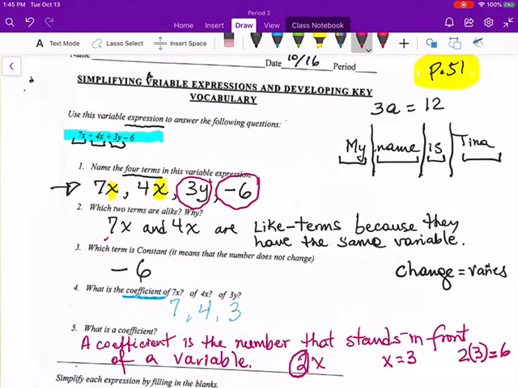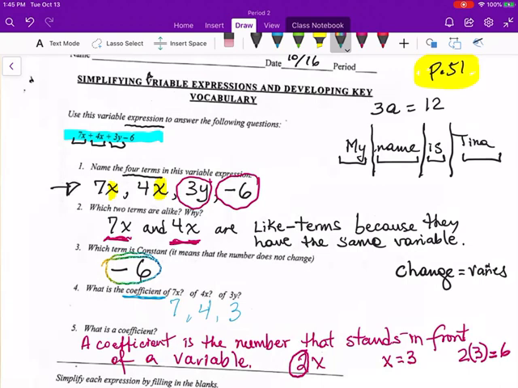When terms share the exact same variable, we call them like terms because they look alike. They have something in common. The one that does not have a variable, that is by itself, is called constant. Constant is another word for the same. Okay, it's always the same.